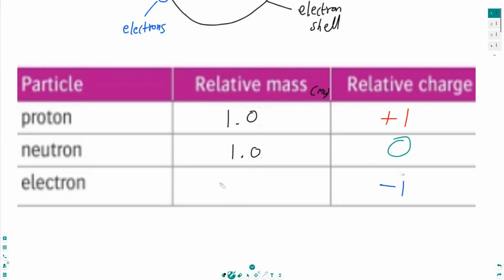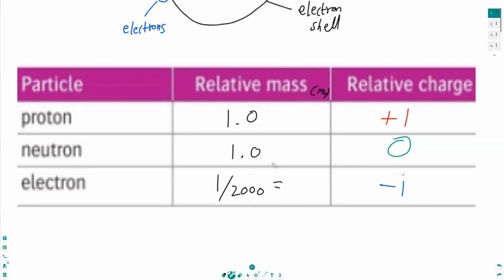Electrons have a relative mass of something like 1/2000. I was going to write it as a decimal, but I can't work it out in my head.